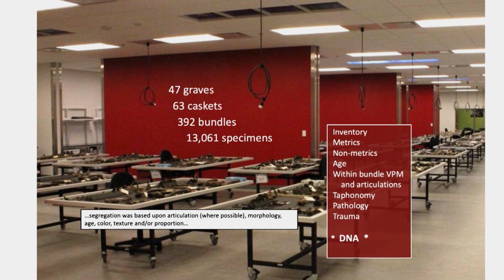Each of these bundles could have anywhere from a few bones to hundreds of bones in them. There were a total of 13,016 specimens. And that just goes to show you the enormity of the challenge that faced the anthropologists. Wow. Okay.